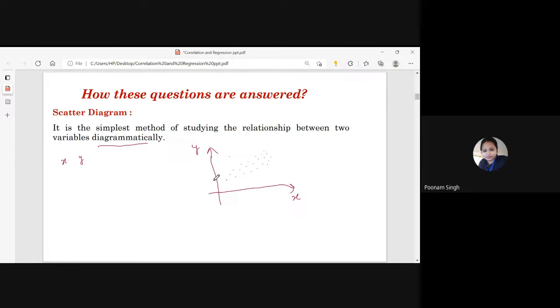Now there is a confusion about which variable to put on which axis. Always remember that the vertical axis represents one set of measurements, and the horizontal axis represents another set of measurements.